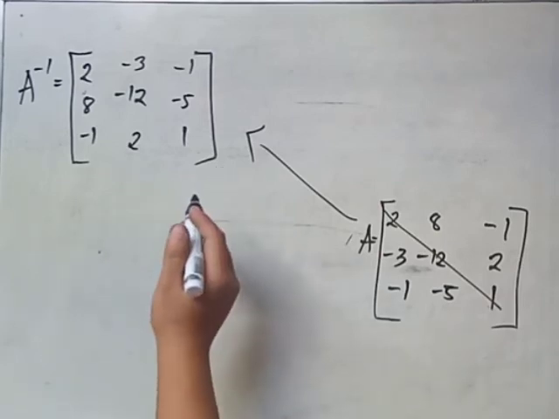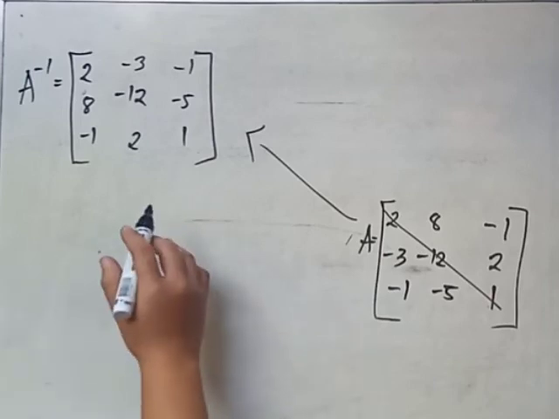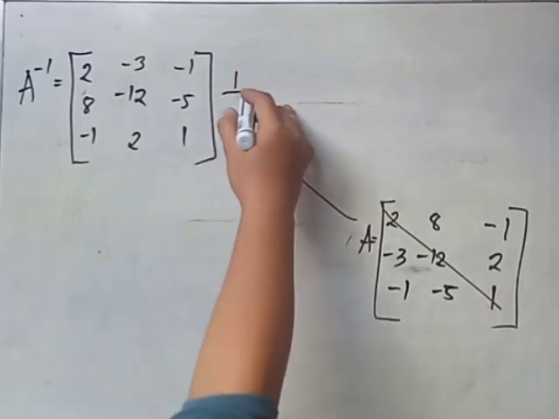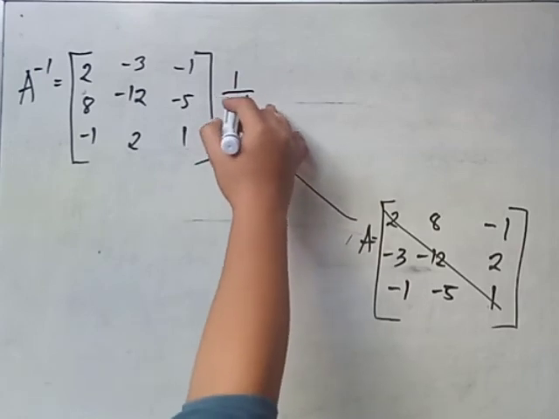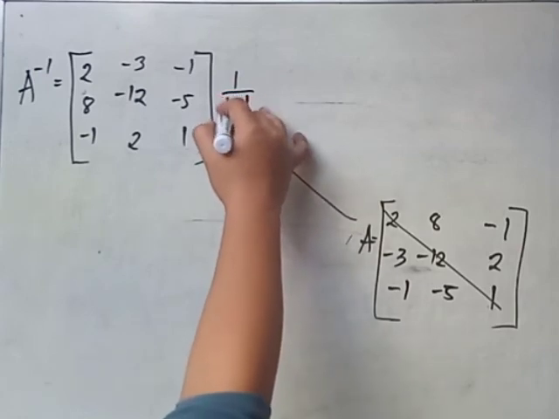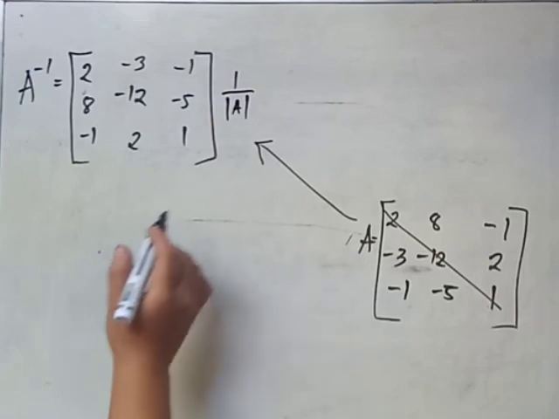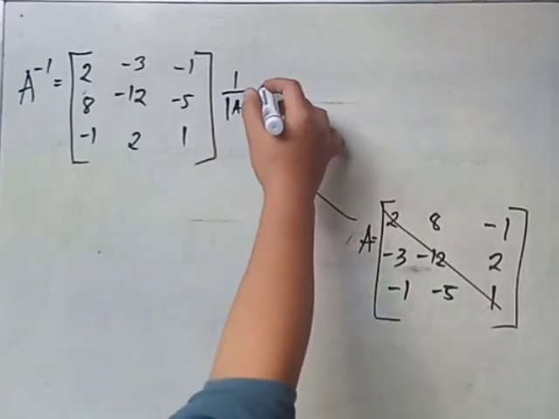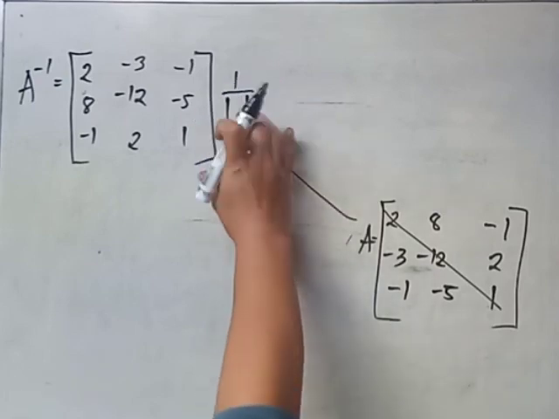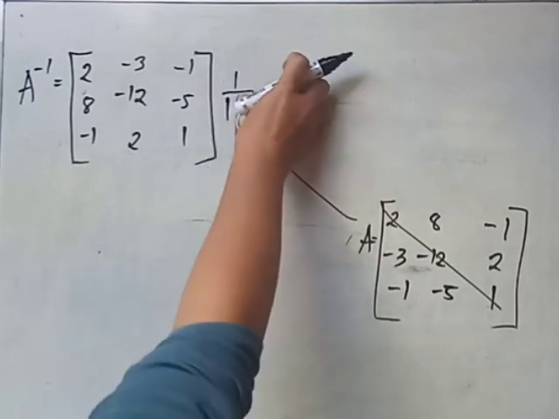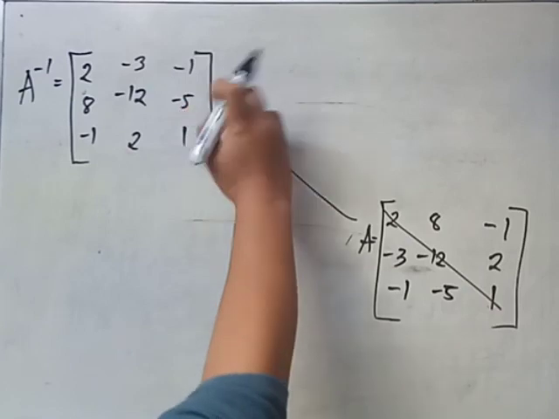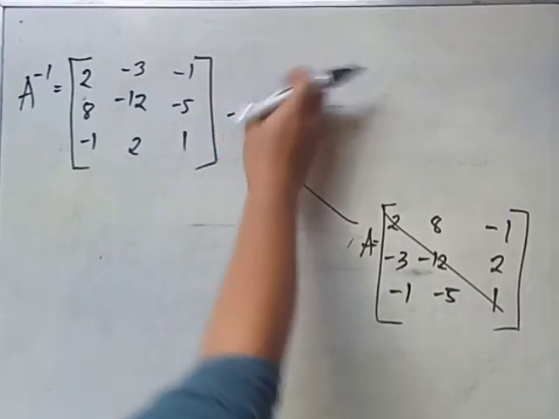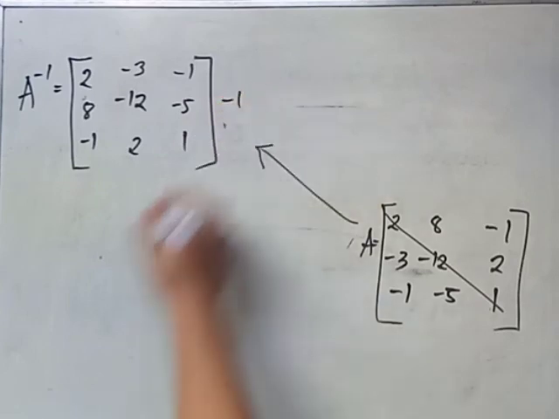In order to find the inverse of the matrix, we're going to multiply this by 1 over our determinant. What is our determinant a while back? That is negative 1. So that will be multiplied by 1 over negative 1, or simply by negative 1.